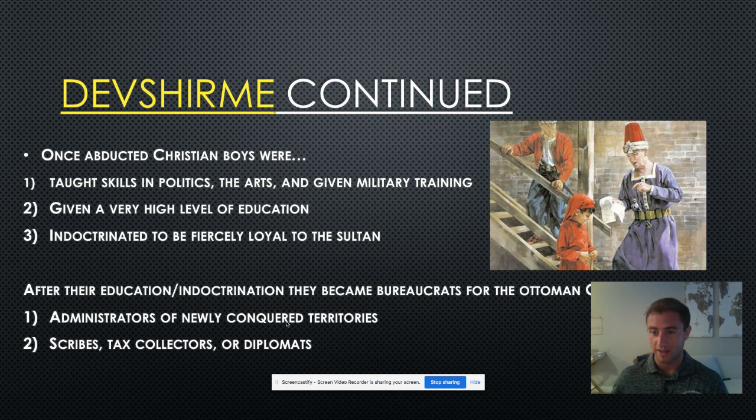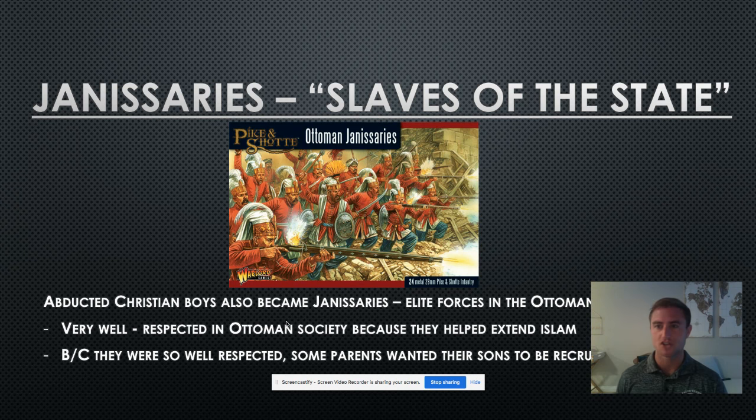They were given education at the government's expense. And because of this, they would become the bureaucrats of the empire, scribes, tax collectors, or perhaps you would achieve the highest possible position, which were the janissaries. Janissaries were these special military forces that are loyal only to the Sultan.